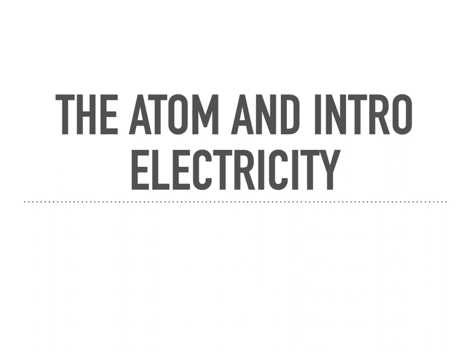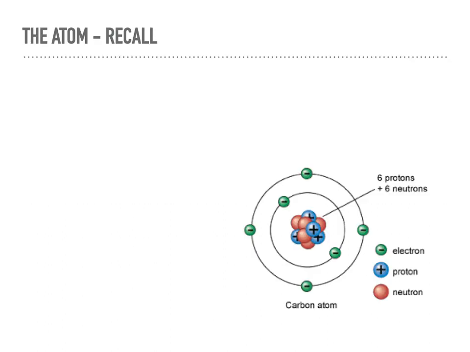So today we're going to look at the introduction to the electricity unit for our course. Remembering back from our chemistry unit, the structure of an atom consists of three different particles: electrons, protons, and neutrons. Electrons are found in the orbits or shells outside of the nucleus, and on this diagram they are the green dots with the negative symbols.